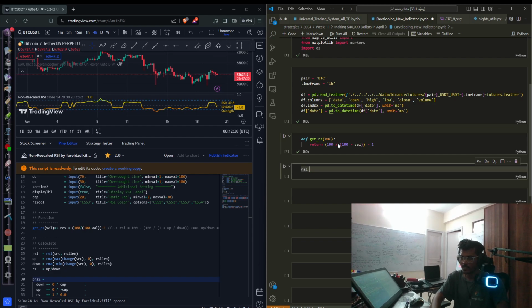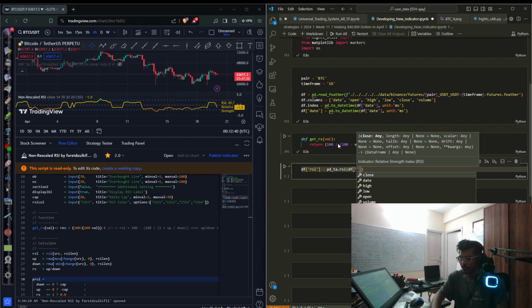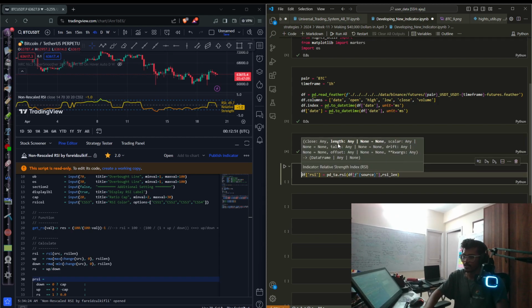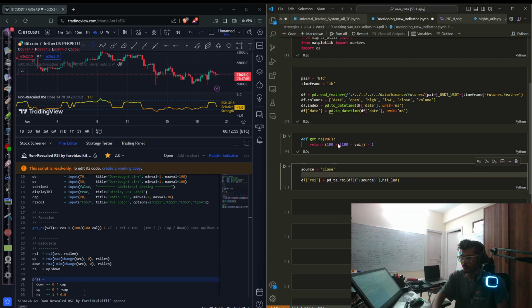So RSI, we are working with series, right? ta.rsi with df source and the RSI length. Let's take the source to be close, and the RSI length to be 14.